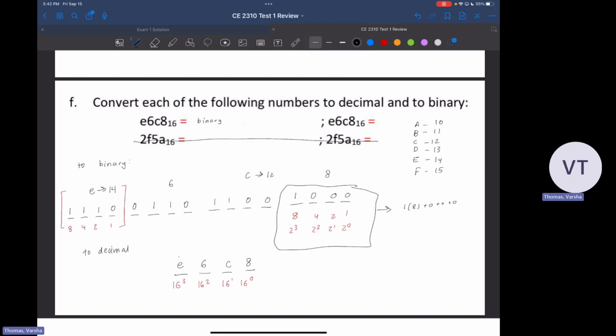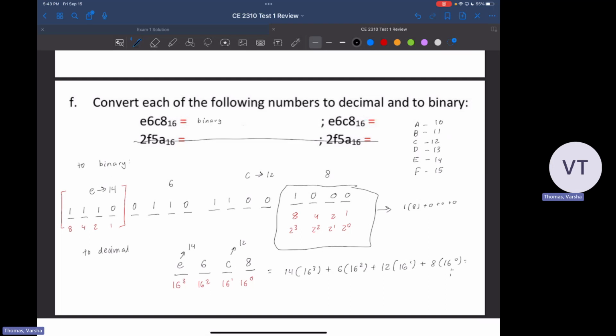Here, we actually have values other than 1. So E corresponds to 14. So what we would do is 14 times 16 to the 3, plus 6 times 16 squared, plus C, which goes to 12, 12 times 16 to the 1, and then we have 8 times 16 to the 0, which is just 1.